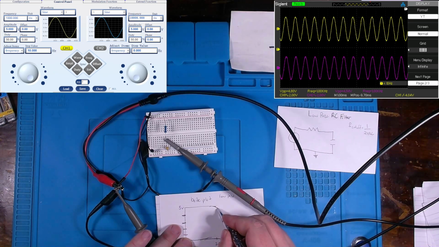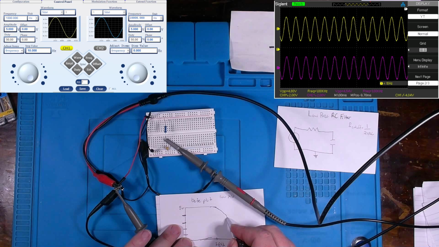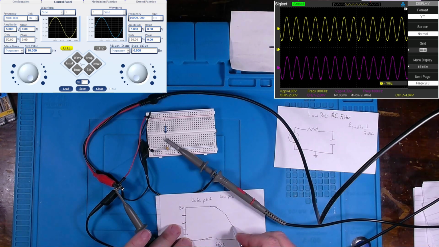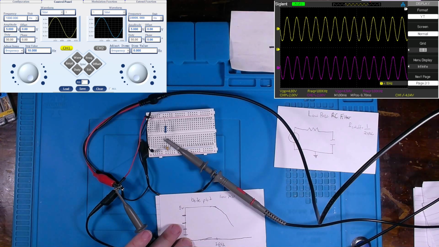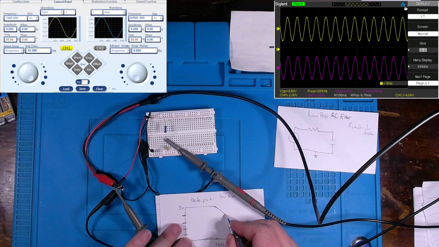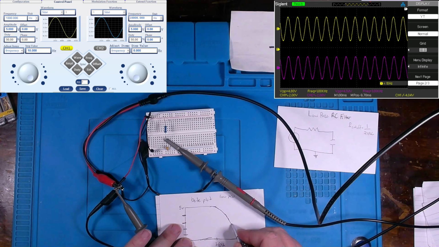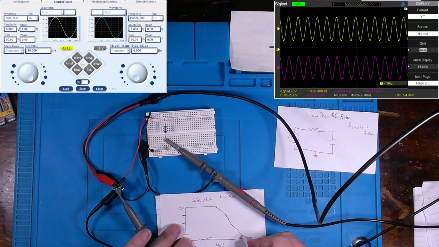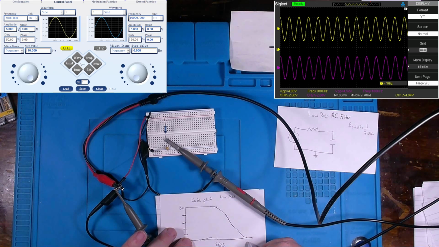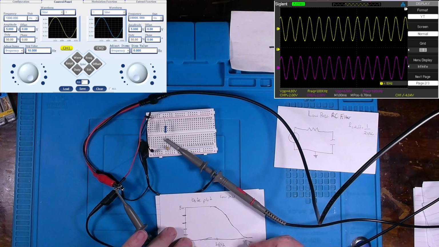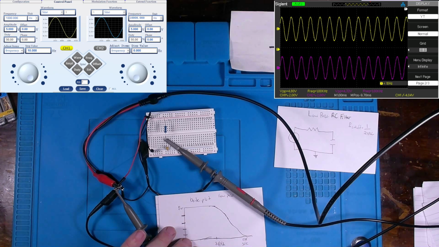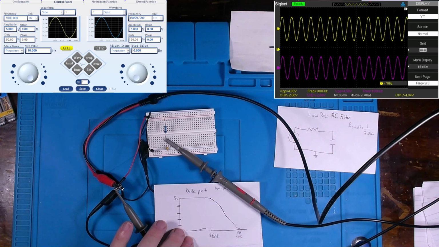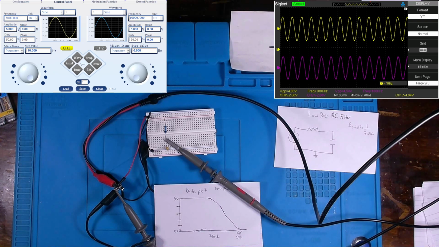But then it's going to kind of round off. And with each 10 multiplier of our frequency, it's going to drop by around 10 dB or whatever. It basically gets to nothing at a much higher frequency, such as 10K or 50K or something along those lines. All right. But we can demonstrate this.